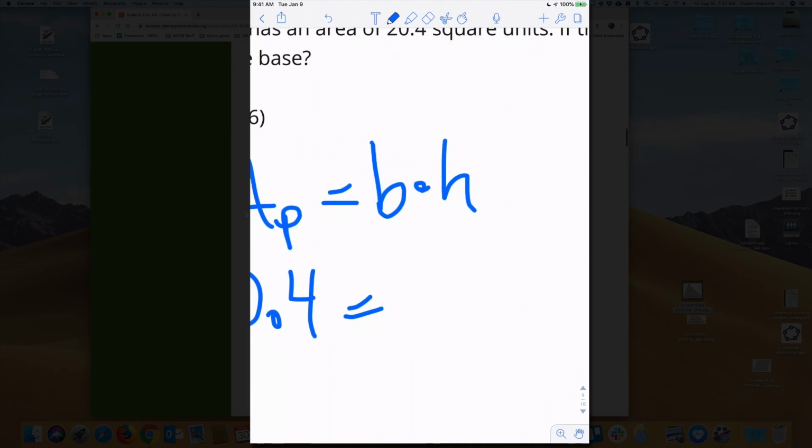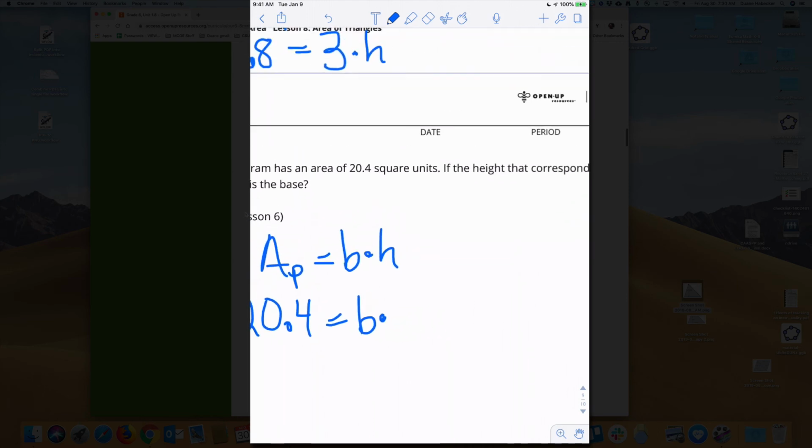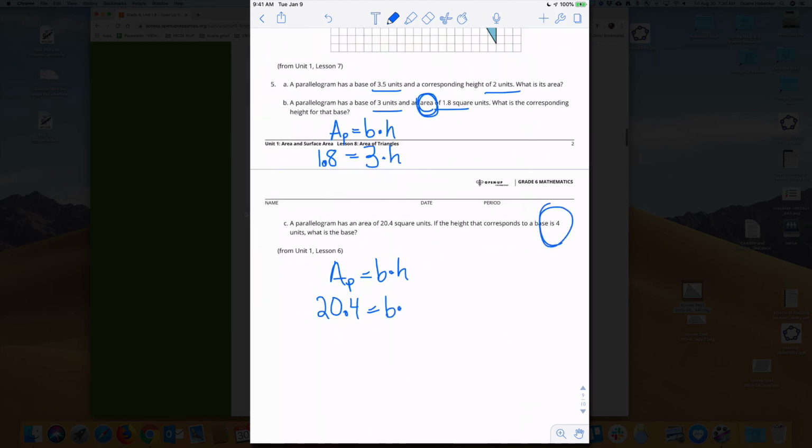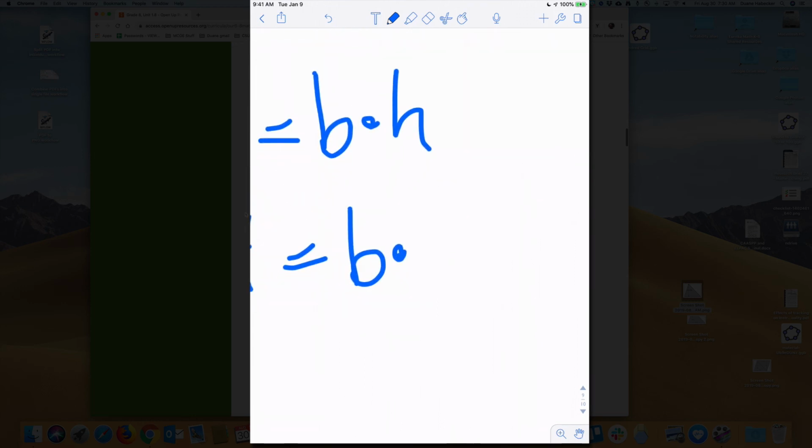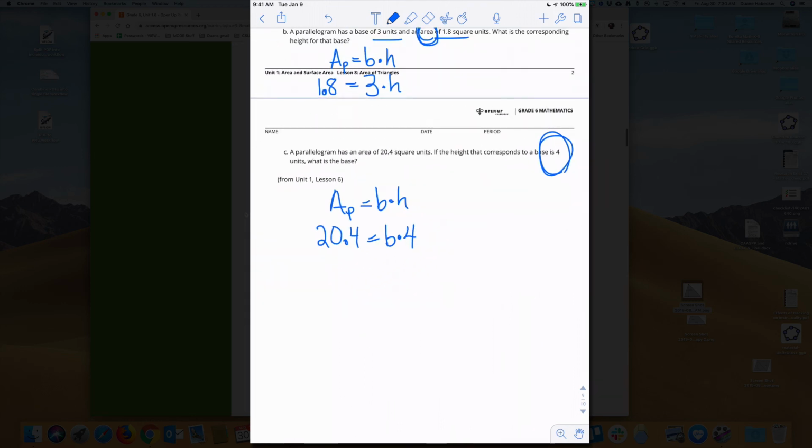We don't know what the base is, but we're told that the height is 4. So right here, we know that base times 4, so something times 4 gives us 20.4. Woo! So we're going to use a little bit of division to figure out what that missing base is.